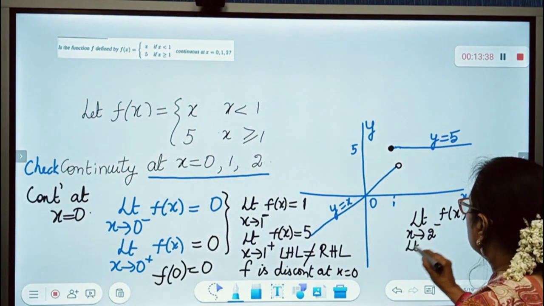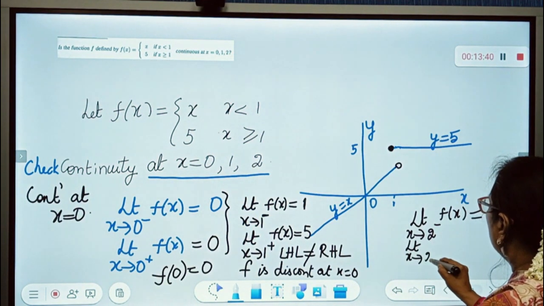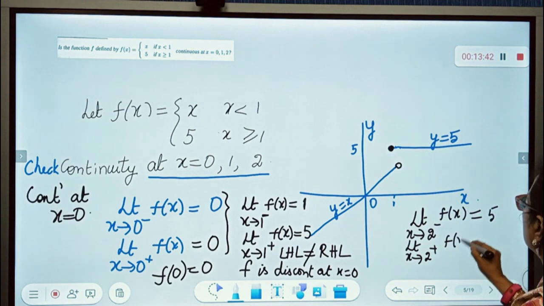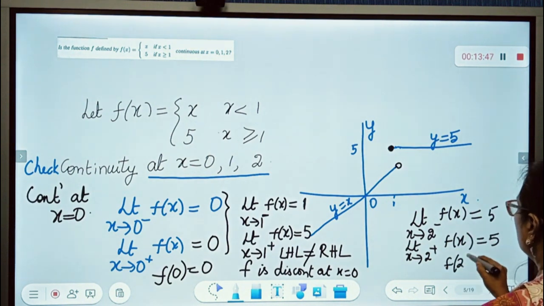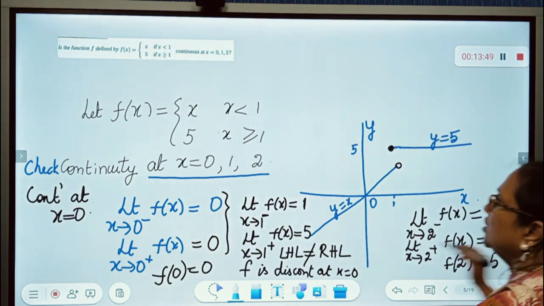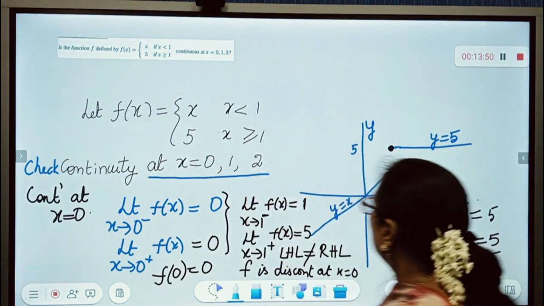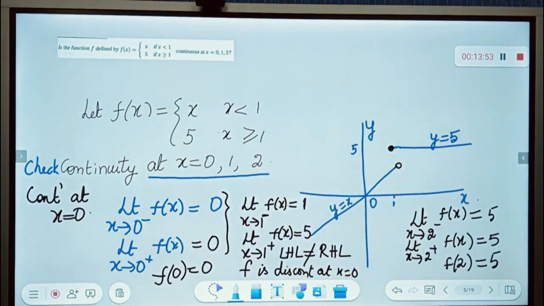Limit x tends to 2 plus of f of x is also 5. What is f of 2? That is also 5 because here it's given x greater than or equal to 1. Since x is 2, f of 2 is also 5. Okay, so you can see the limit exists and is equal to the value of the function. So f is continuous at x equal to 2.